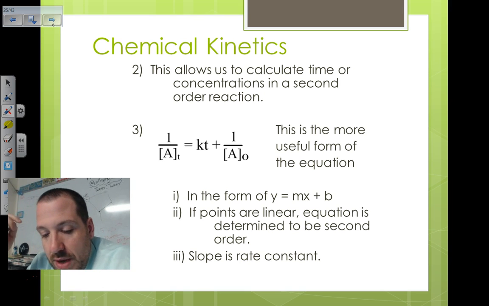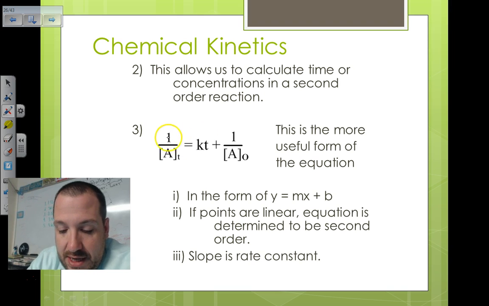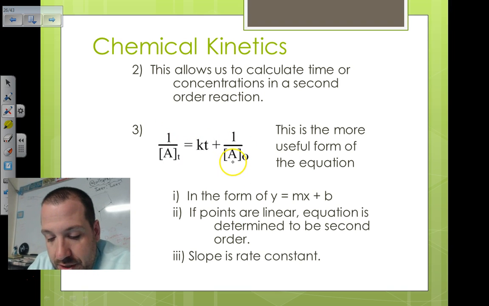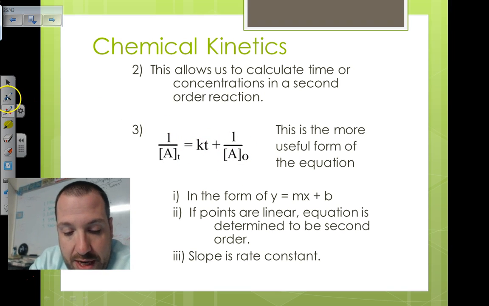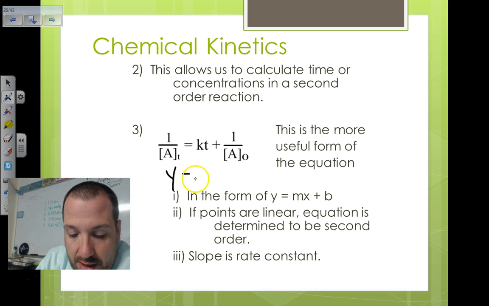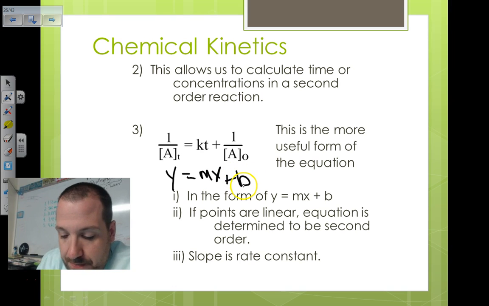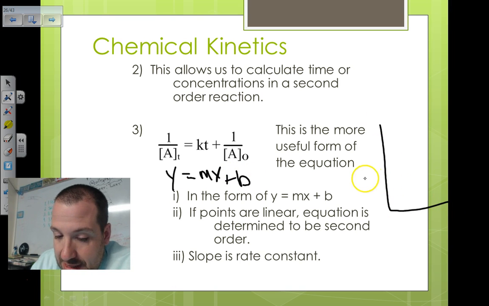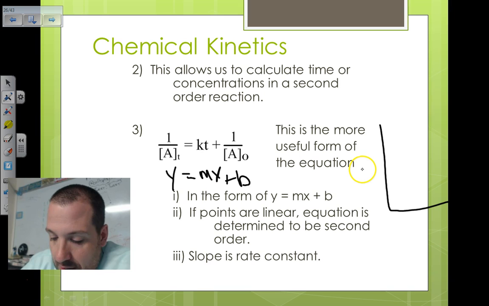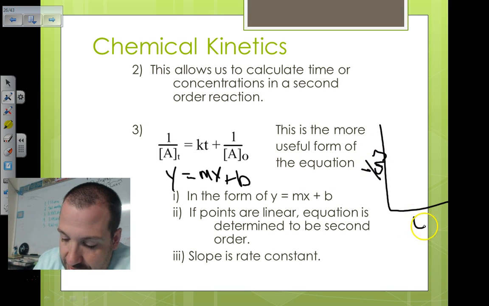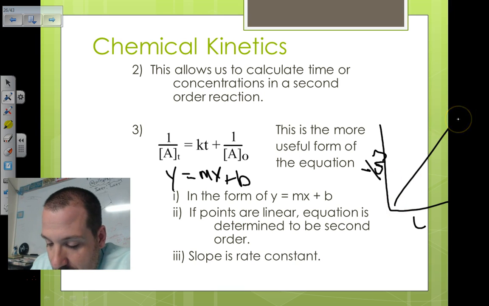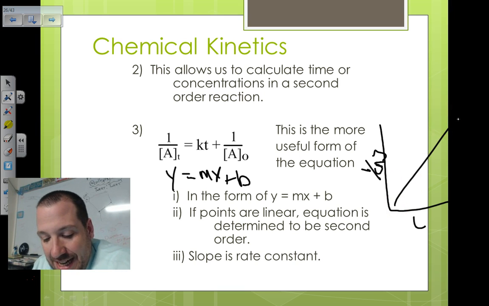Again, what we do is we rearrange this to give this form of the equation. Notice that this form of the equation again is in the form y equals mx plus b. When we plot 1 over concentration of A versus t, and we get a straight line, that's how we know it's second order.